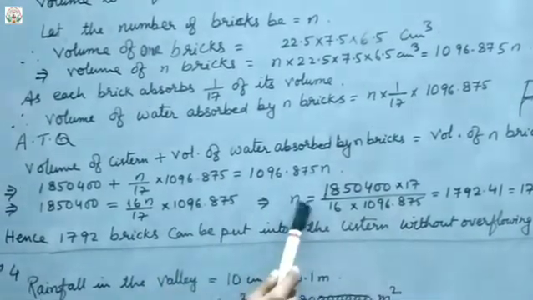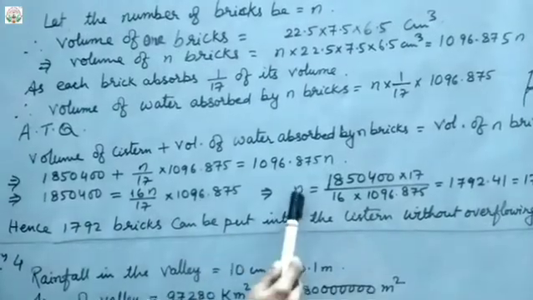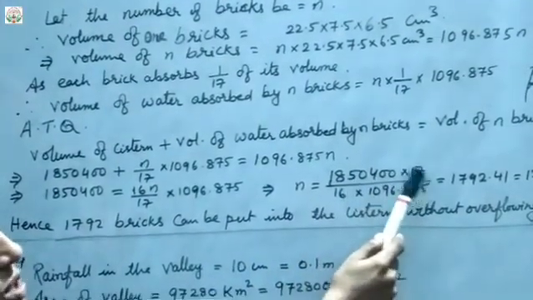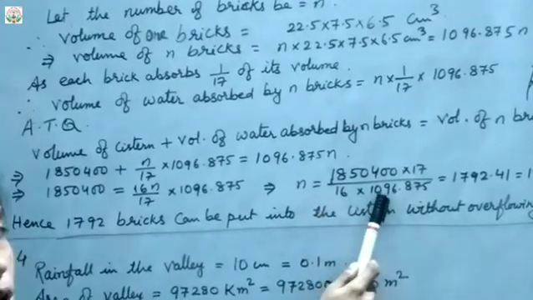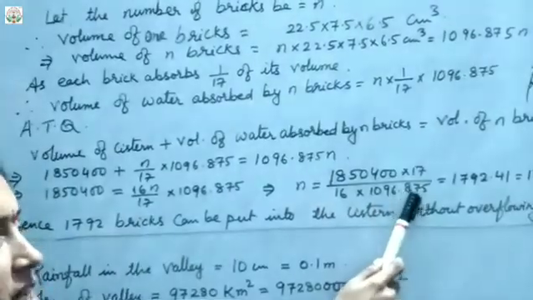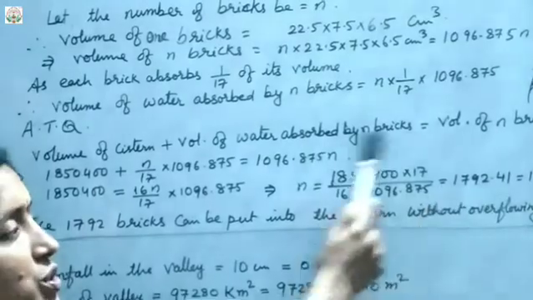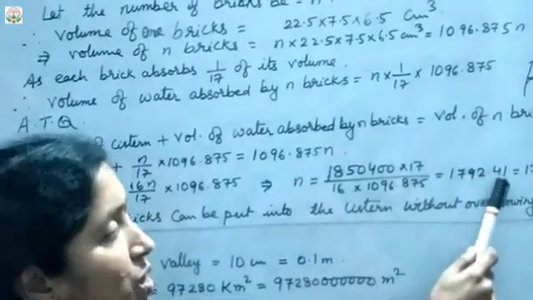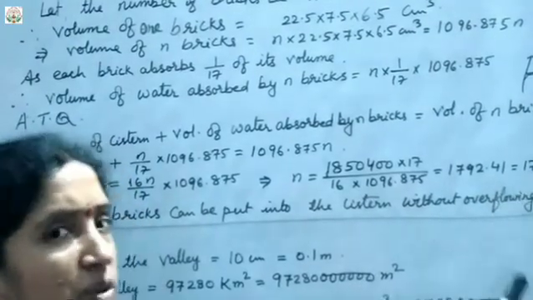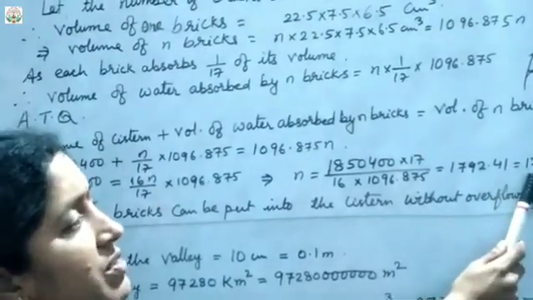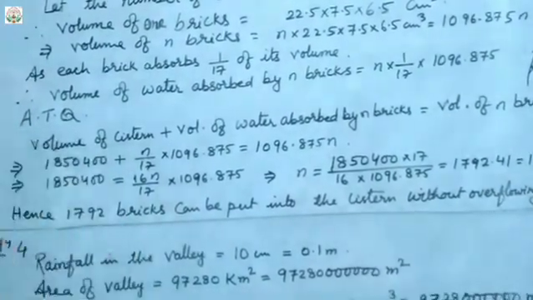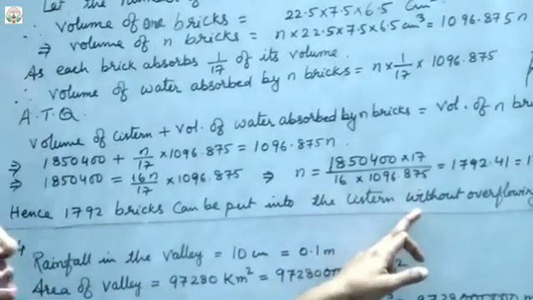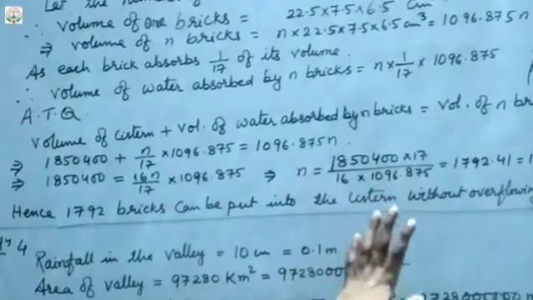On cross multiplication, n equals 18,50,400 into 17 upon 16 into 1096.875. On simplification of this, we get 1792.41, which is approximately 1792. So that many bricks can be put into the cistern without overflowing water.